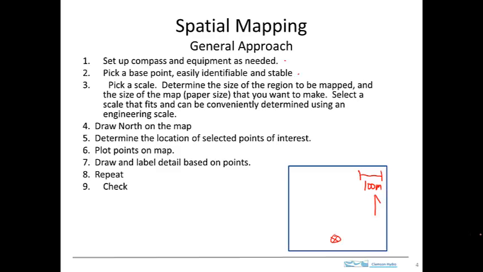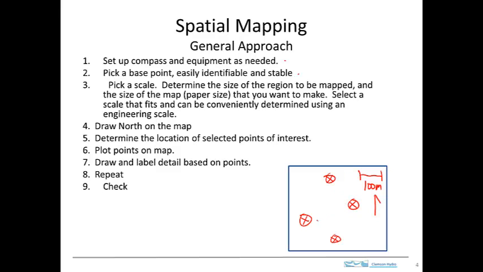Then the mapping process will involve identifying and measuring the locations of points in the map area, plotting the positions of those points on the map. And then generally what's done is to fill in details that are of interest.